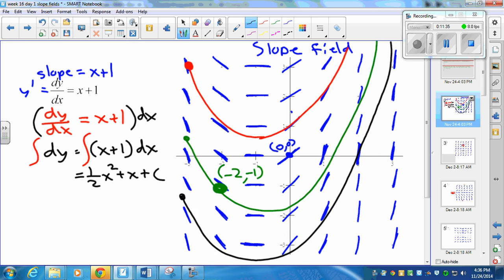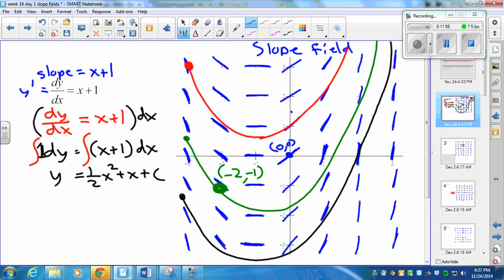What's the integral of 1? There's a 1 right there. What's the integral of 1 dy? Well, it'd be 1y. It's not x right now because it's in terms of y, so the integral of dy is y. So I now have y equals 1/2 x squared plus x plus c.